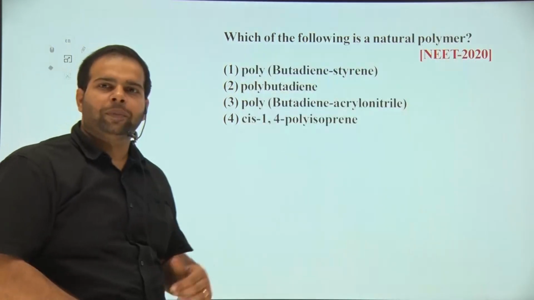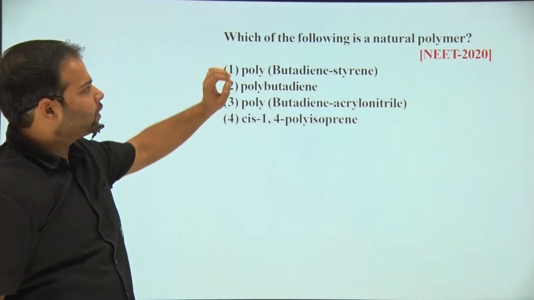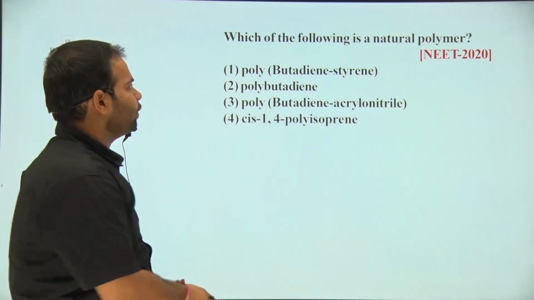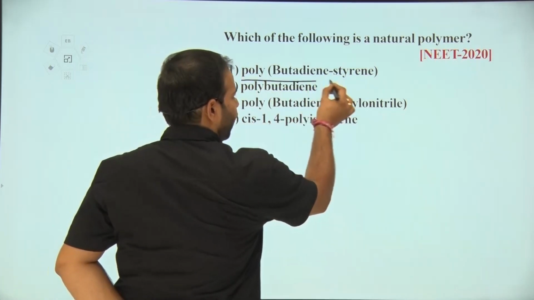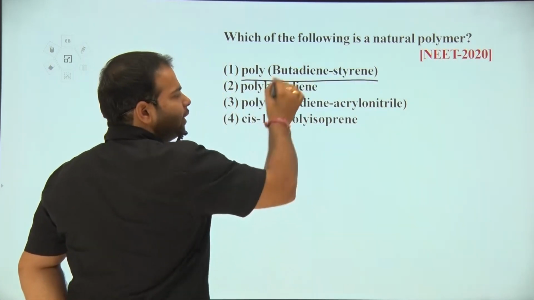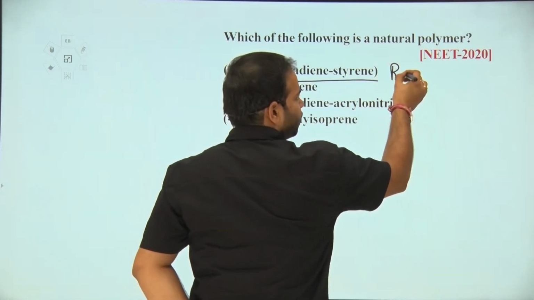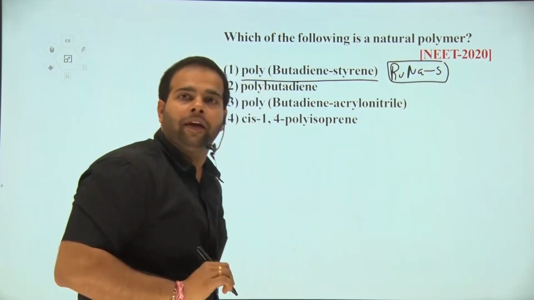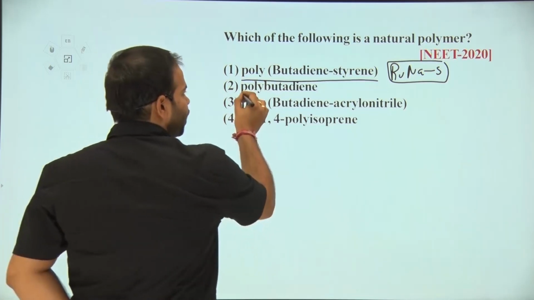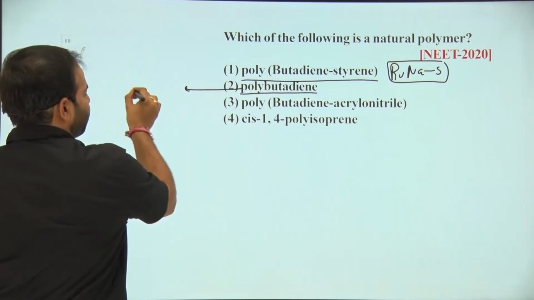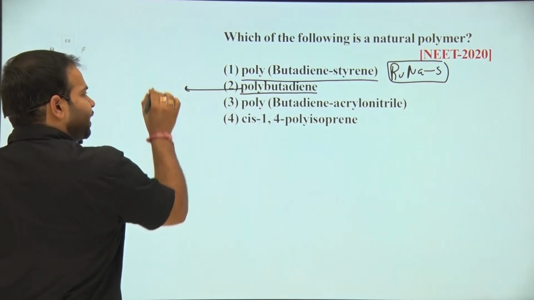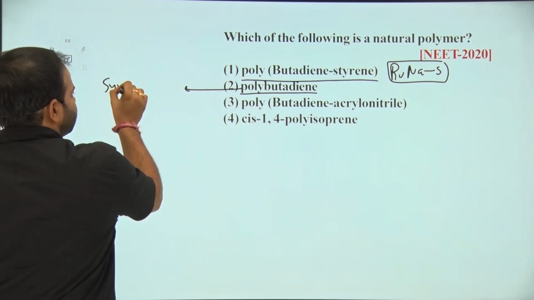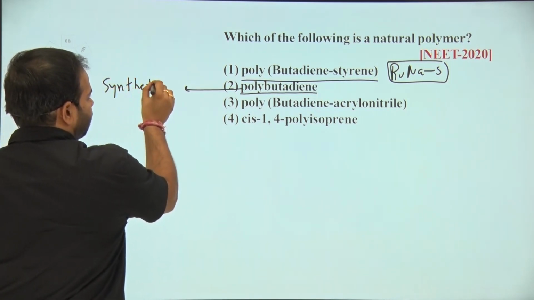Clear? Students, coming to the next question: which of the following is a natural polymer? If we consider polybutadiene styrene, it is known as Buna-S, a synthetic rubber. Second one is polybutadiene, a polymer of butadiene, and it is also a synthetic rubber.